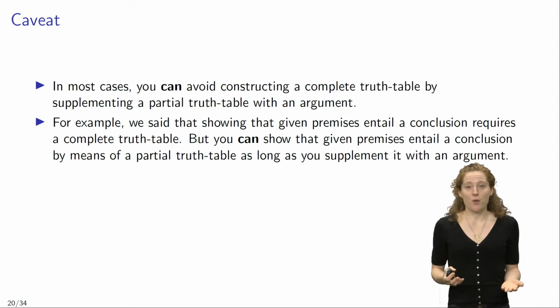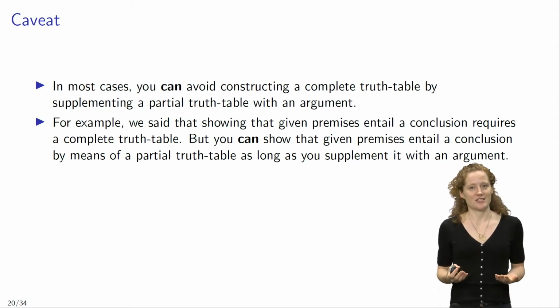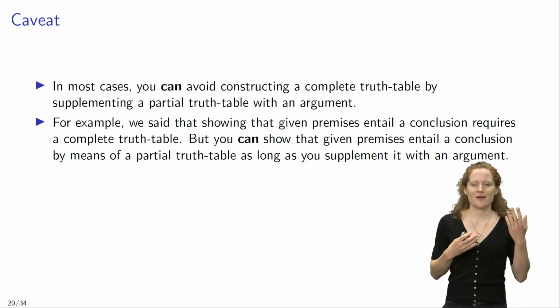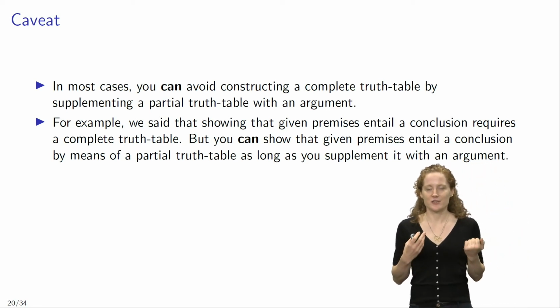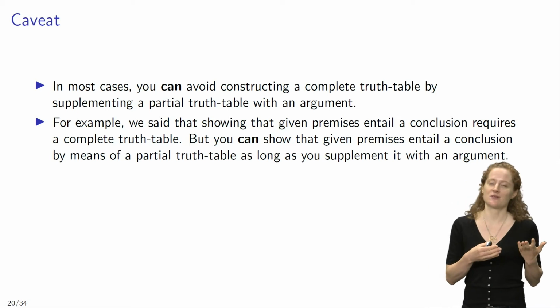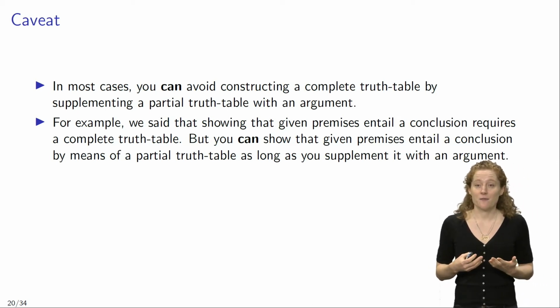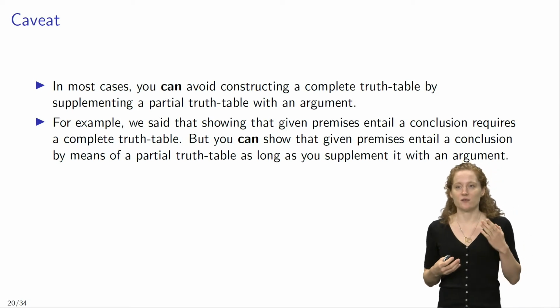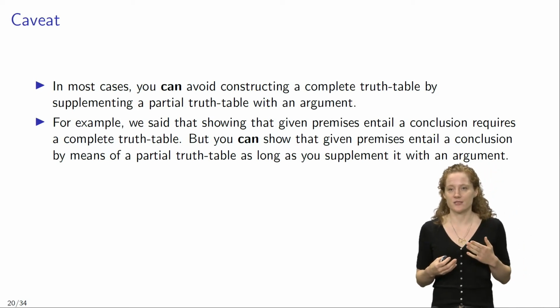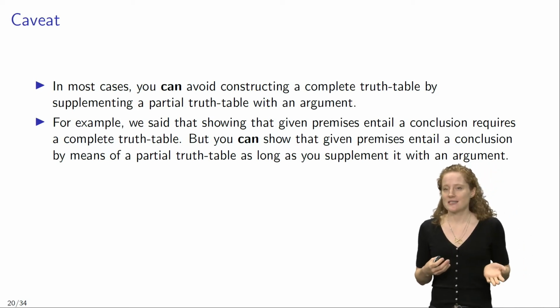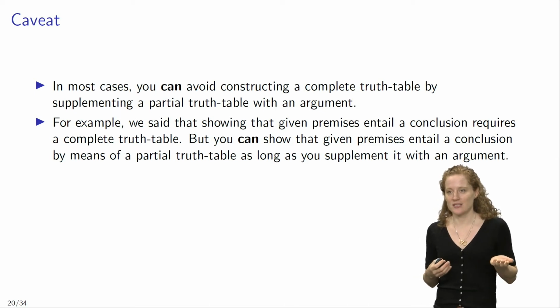Now, there is an important caveat to what I just said. I said that there are all these different cases in which you need a complete truth table, but if you think about it carefully, you will realize that often you can in fact avoid constructing a complete truth table simply by supplementing a partial truth table with an argument.